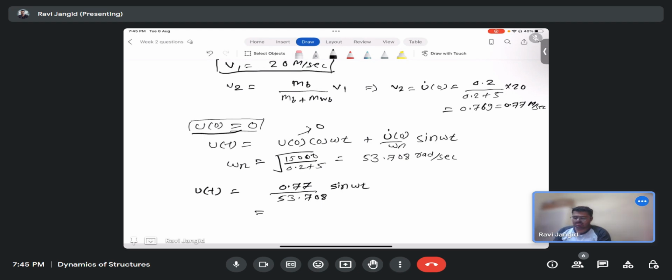So if I simplify that expression, it comes out to be 0.0143 sine omega t meter, or I can write it in mm, 14.3 sine omega t in mm. This is my expression.